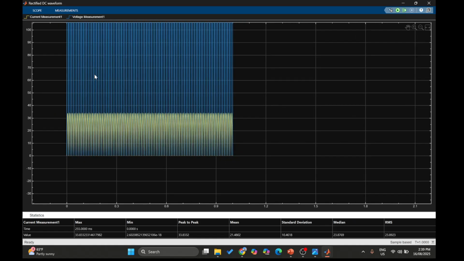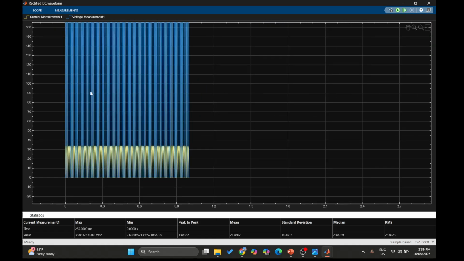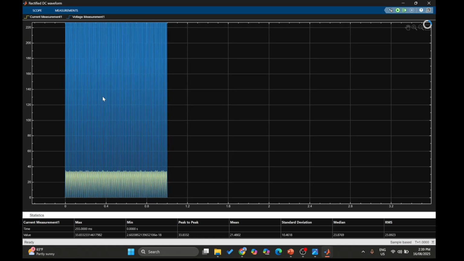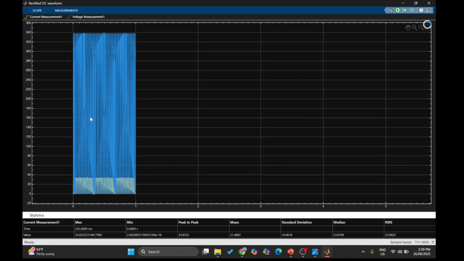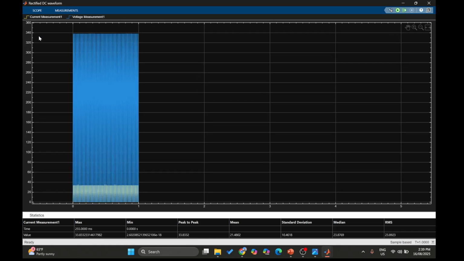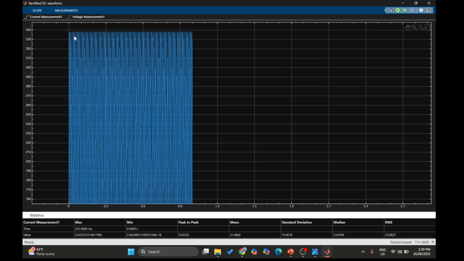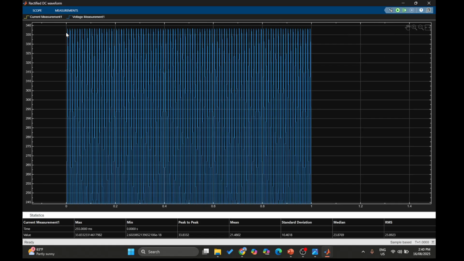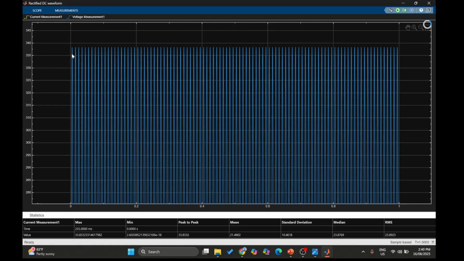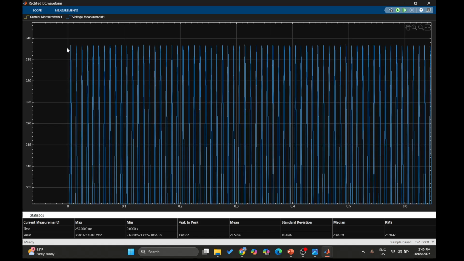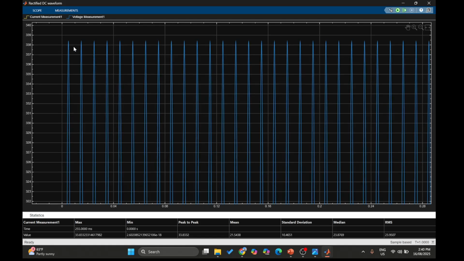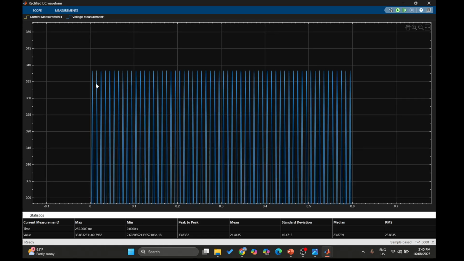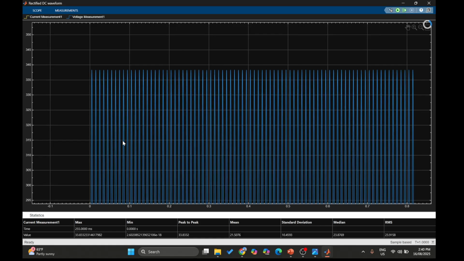Now the blue one is the VDC, or DC voltage waveform, and the yellow one is the current waveform. The peak is approximately 338. So anyways, let's search from here.